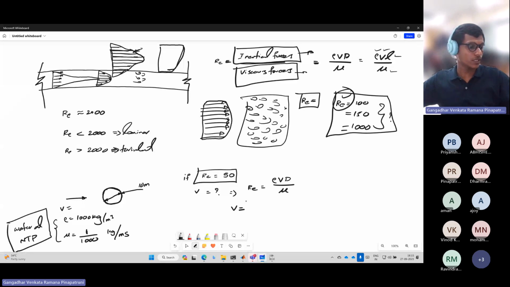Anyone? You can also text in WhatsApp if you are doing it on the other side. What should be my velocity?